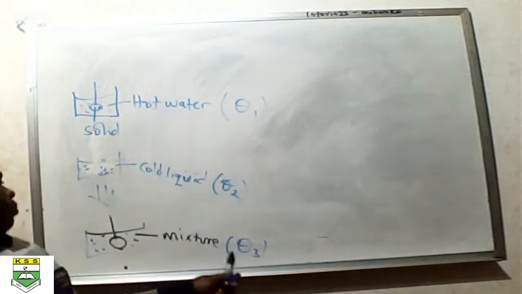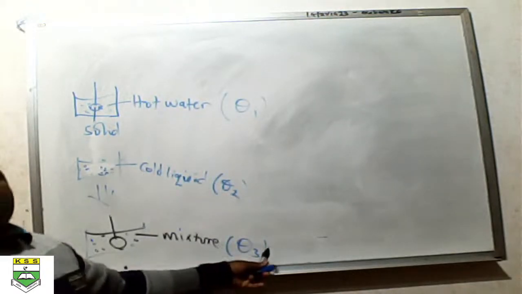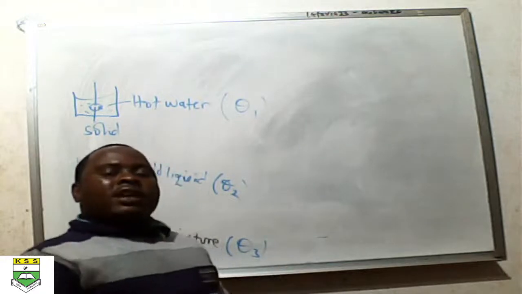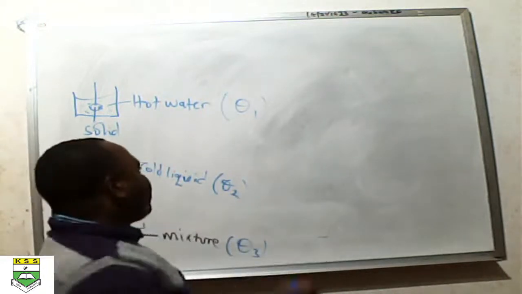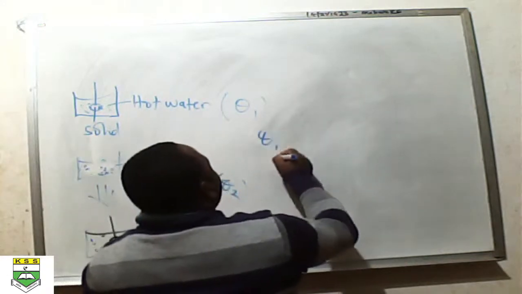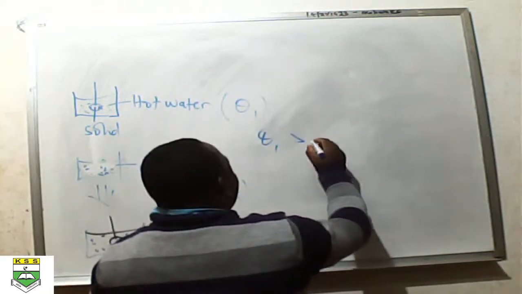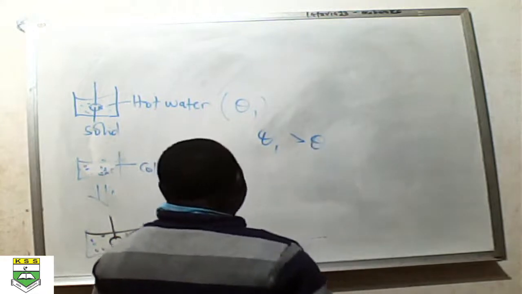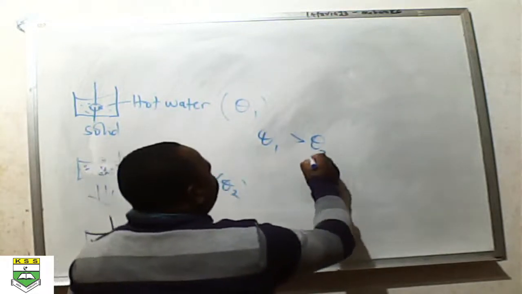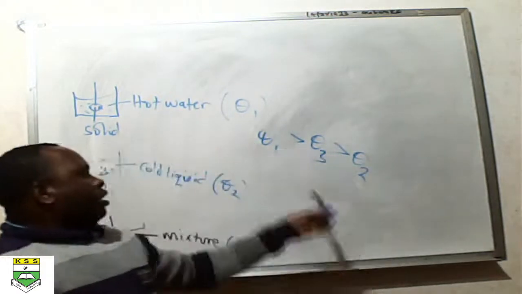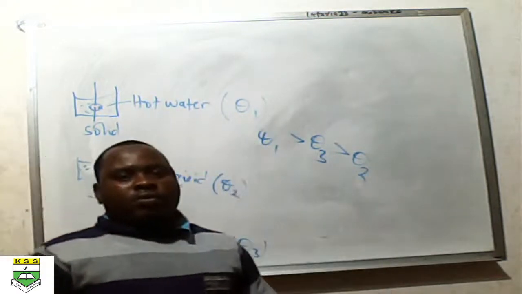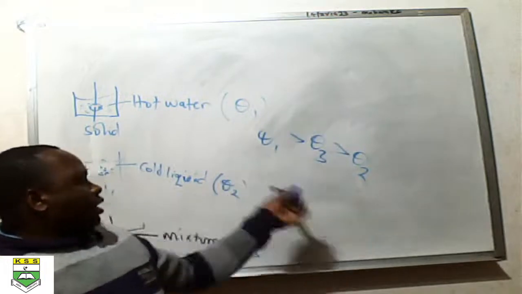The mixture is going to be at temperature θ3, but θ3 is higher than θ2, and at the same time θ3 is less than what? θ1 is higher. That's what we talked about yesterday: θ1 is higher than θ3, but at the same time θ3 is higher than θ2. Those who fail to understand the method of mixtures will fail because of that.